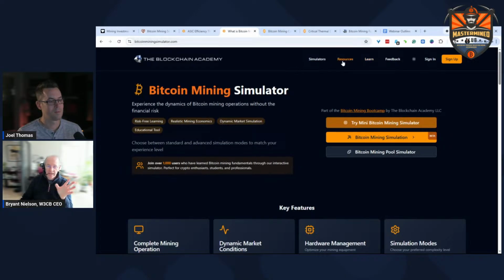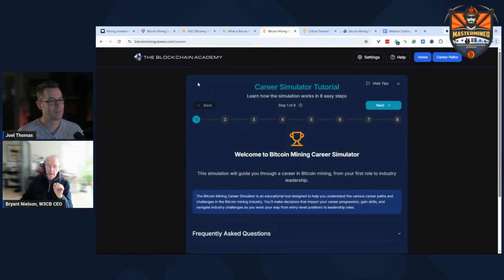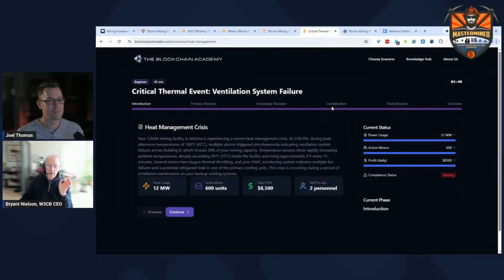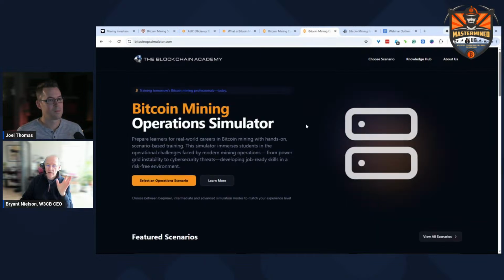And of course, in every single one, there are resources to help you. Again, whether you want a career in Bitcoin mining, this is a great way for you to do it. You can choose everything from being a mining repair to an operator to everything that you can imagine as it relates to it. And of course, here, this one is choosing a scenario based on operations.